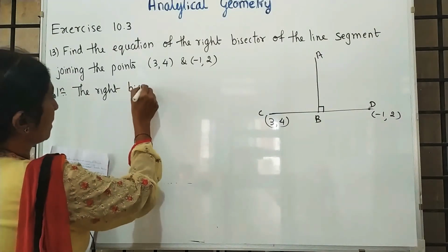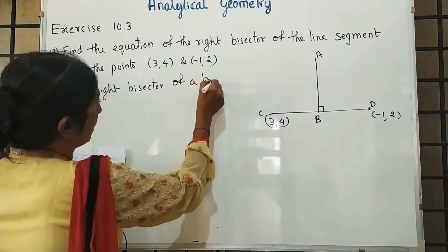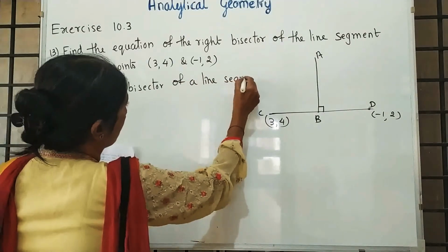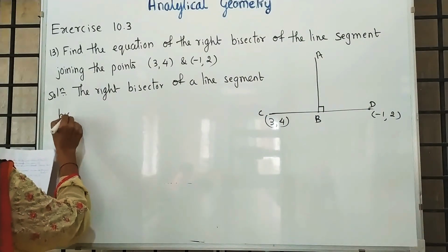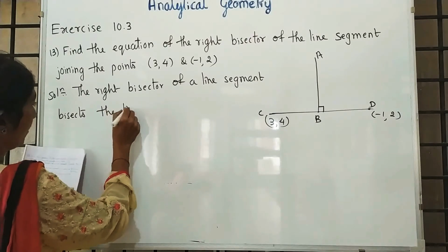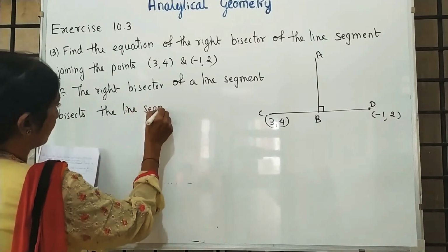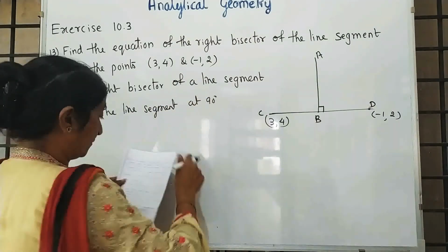Right bisector of a line segment, bisects means midpoint, bisects the line segment at 90 degrees.